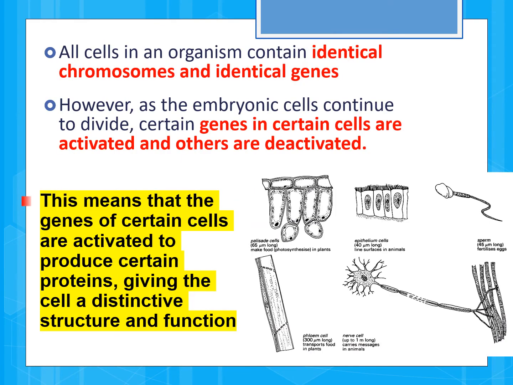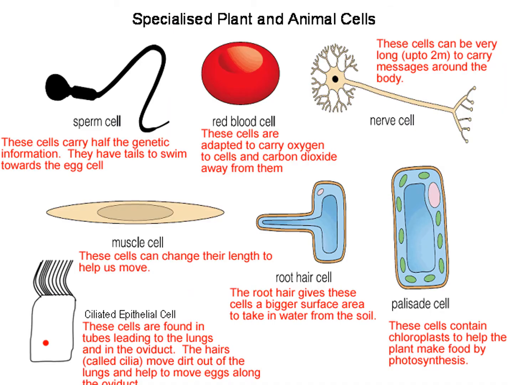This diagram illustrates the fact that different cells have shapes and structures that help them carry out their function, and there's a really wide variety of structures and functions of cells. For example, a nerve cell, a neuron, is transmitting information from the central nervous system to the rest of the body or back.